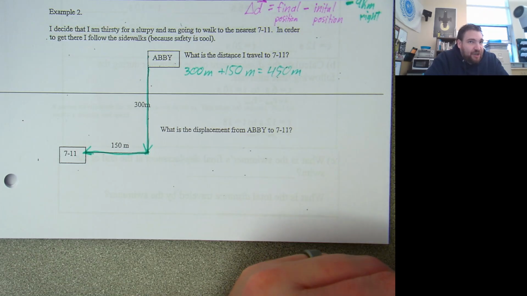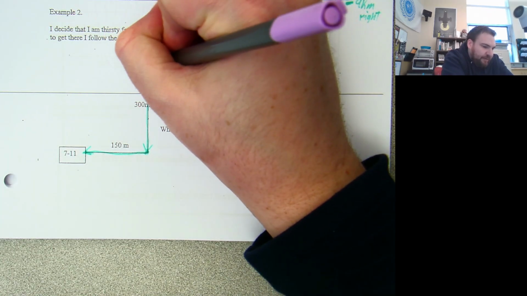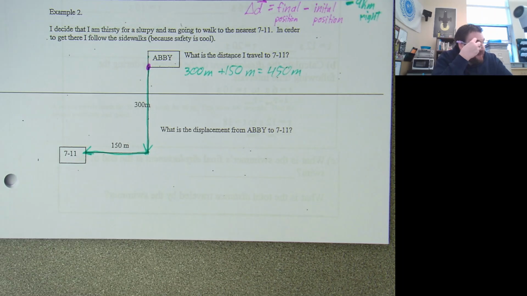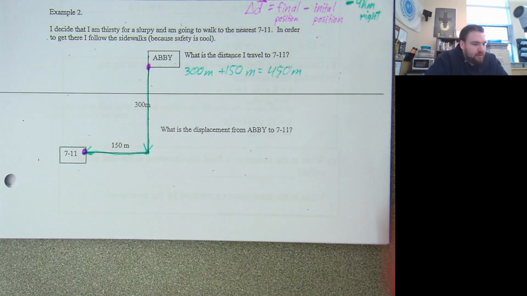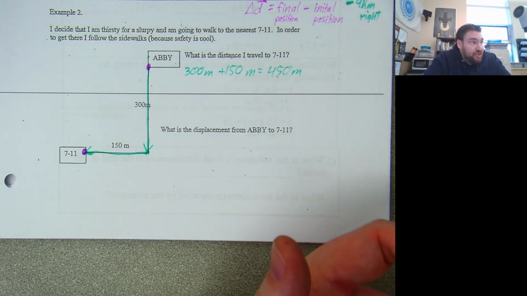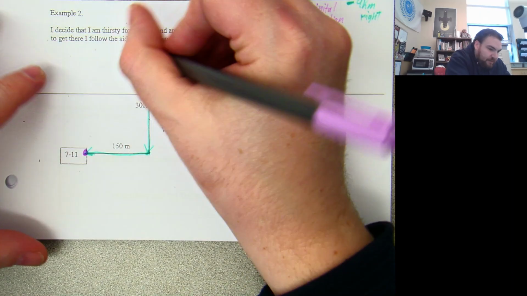Distance is all about the actual path you took to get to where you ended up. But displacement doesn't care about the path you took. Displacement just says I started here at Abbey and I ended here. So what we want is the straight line distance and the direction from where we started to where we ended.